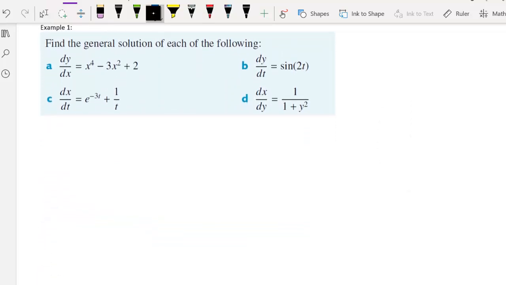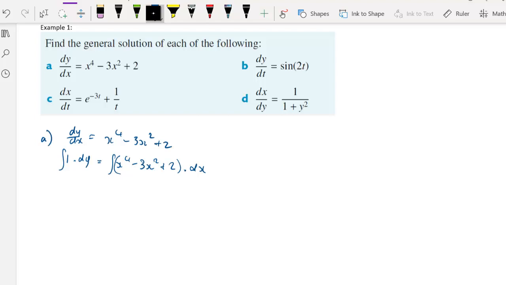In this first example, find the general solution of each of the following. A, we have dy/dx is equal to x to the power of 4 take 3x squared plus 2. We know this is a polynomial, and when we separate this differential, we end up with 1 dy, that's an integral, and the integral of x to the power of 4 take 3x squared plus 2 with respect to x.